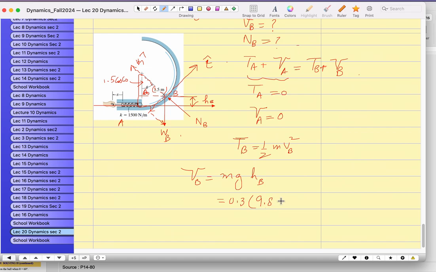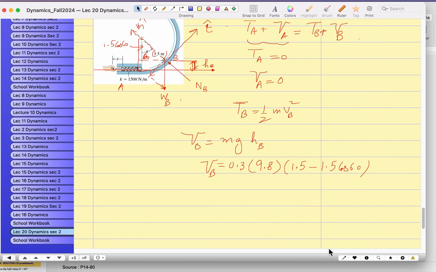gravity is 9.8. h sub b will be the difference of the radius of curvature minus 1.5 cosine 60. This is this distance, this depth. So you can do the math easily, it's not difficult. So let's apply this into our equation and find out what is the v sub b.